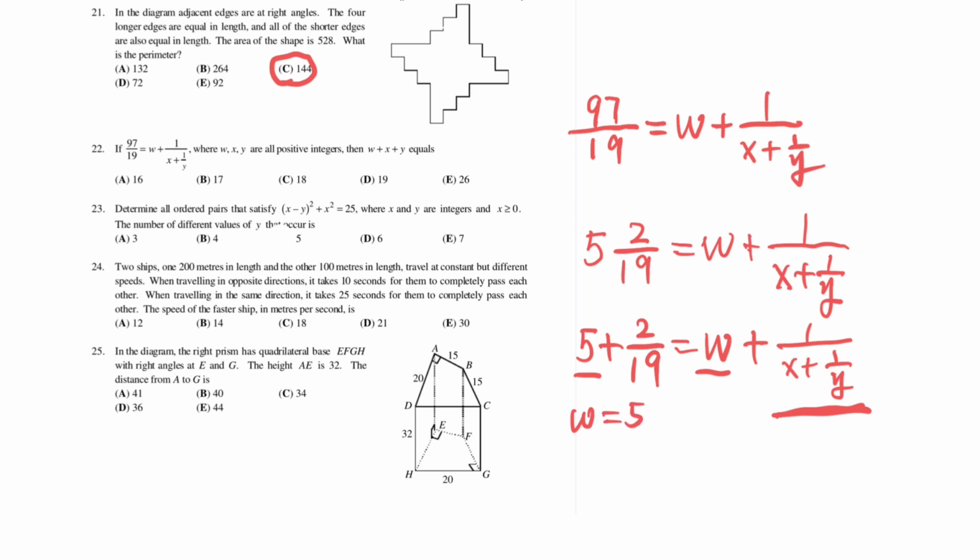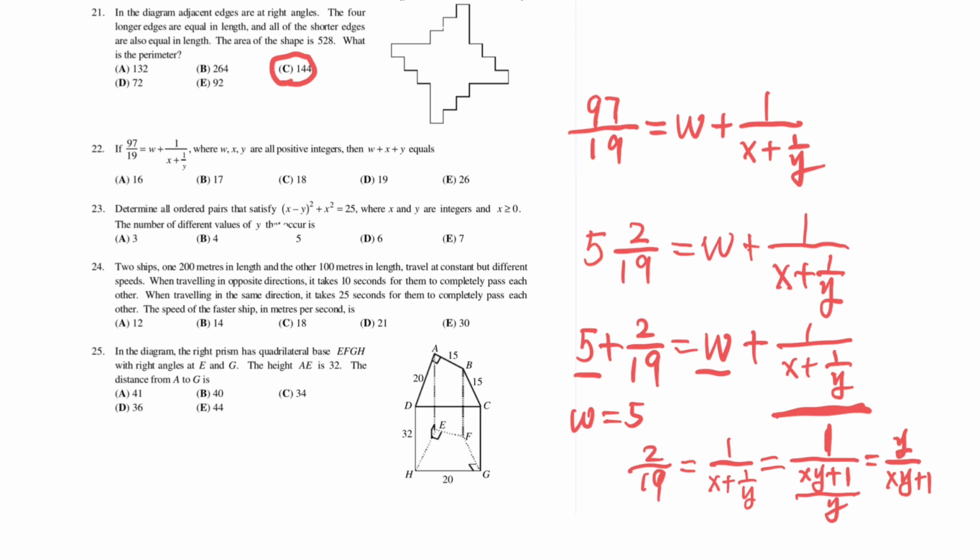Now we have 2 over 19 equal to 1 over x plus 1 over y. So we simplify this one, which gives us 1 over (xy plus 1) over y. Continue to simplify: y over xy plus 1. So we flip the equation, take the reciprocal of both sides.